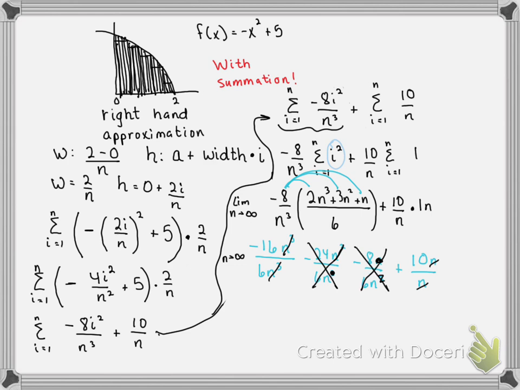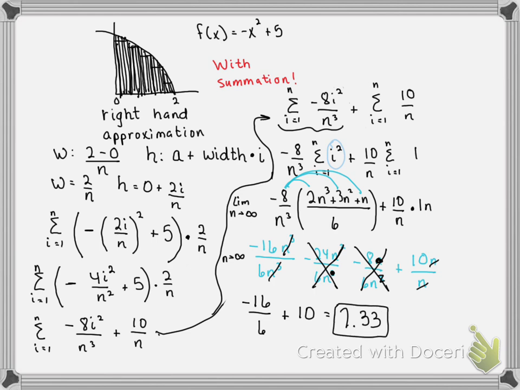So what we're left with is negative 16 over 6 plus 10 for our area. So let's see what we get when we do that. Negative 16 over 6 plus 10 gives us an area of 7.33.